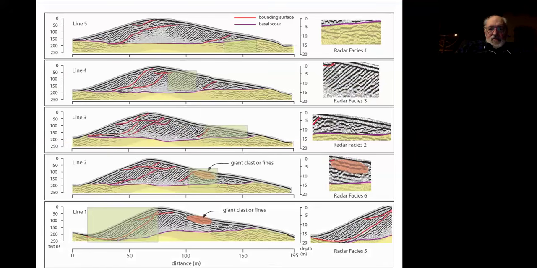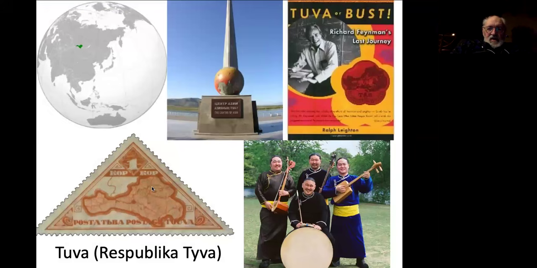And one of the later researchers to go in this area, Paul Carling from Britain, has done radar penetration studies into these gravel dunes, showing that their structure is a kind of strata called foreset bedding that is indicative of how these were placed by massive flood flows. So the other area that I was able to visit is called Tuva.